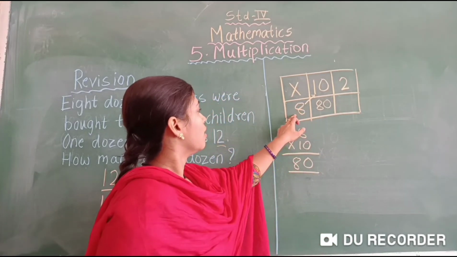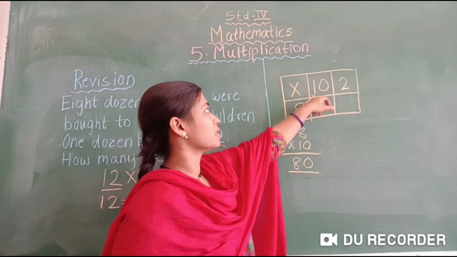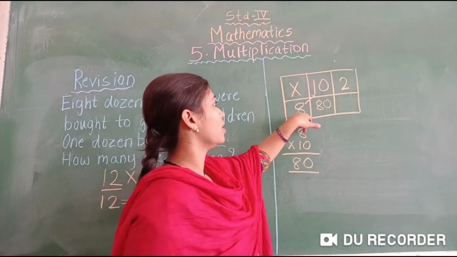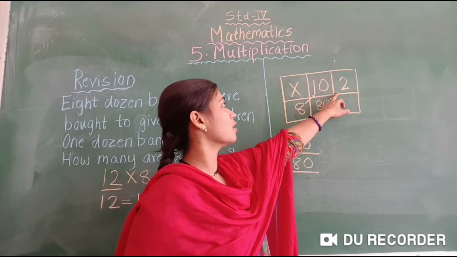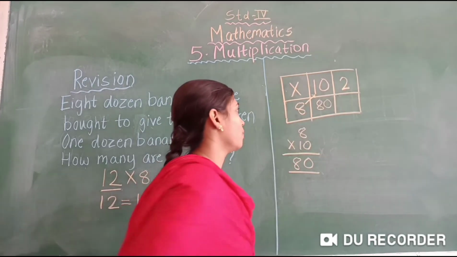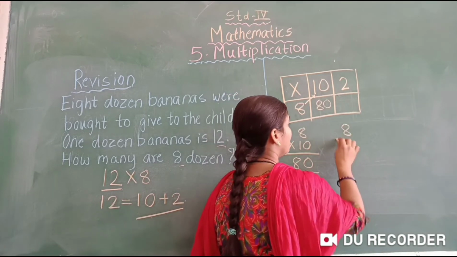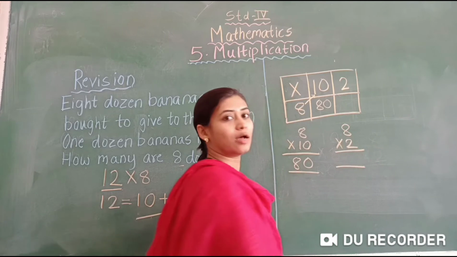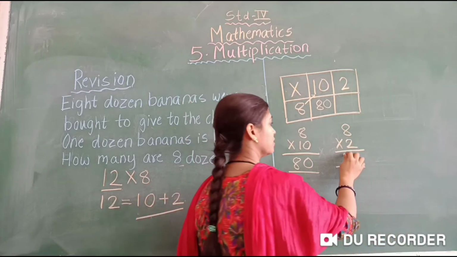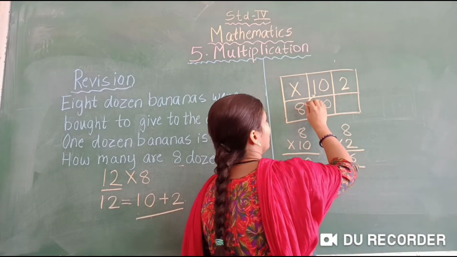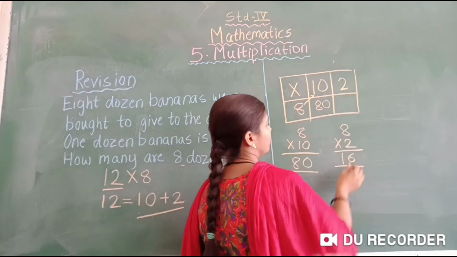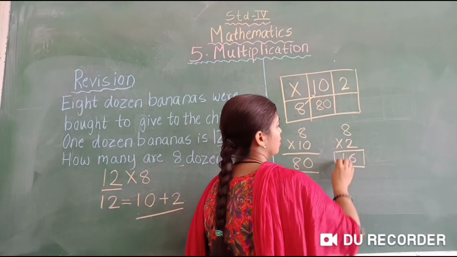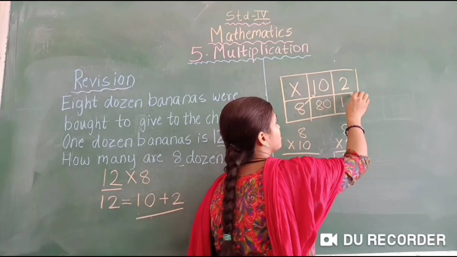Then, after multiplying by the first number, 8 will get multiplied by the second number. What is the second number here? 2. Therefore, 8 multiplied by 2. What are 8 2s? 8 2s is 16. The answer we have got here, 16, we will write in this box.